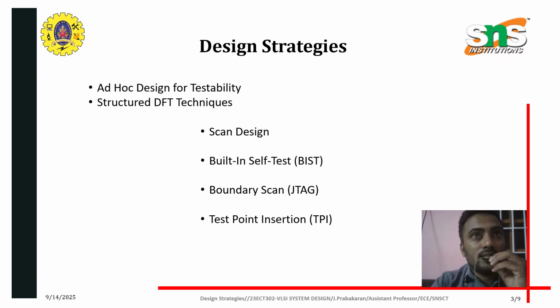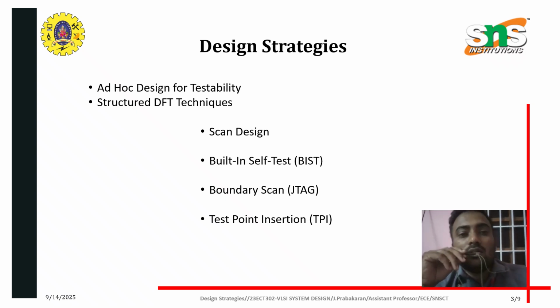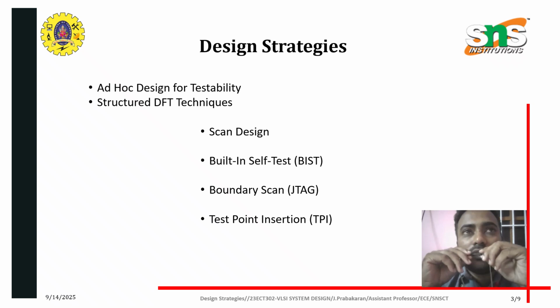Whenever we talk about a sequential circuit, a memory element is available, so there are flip-flops available. All flip-flops are connected in series in sequential circuits, for example, a shift register.